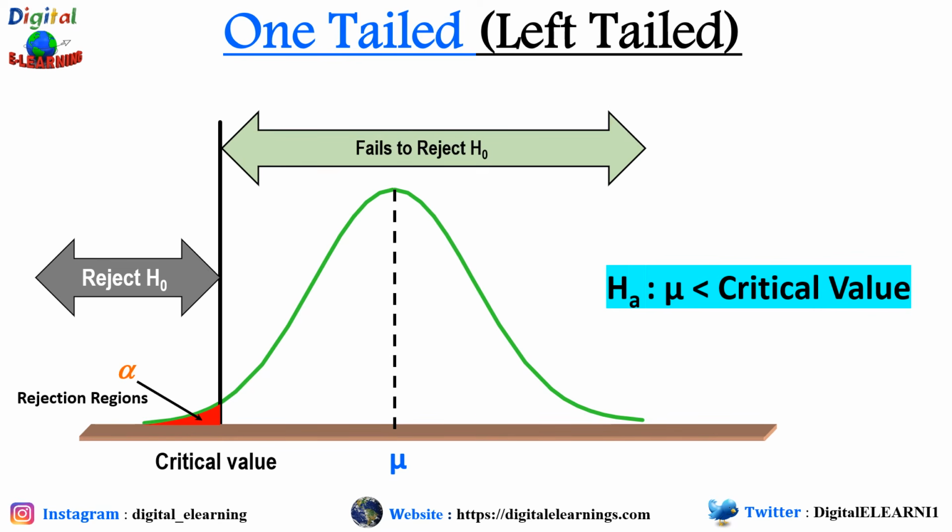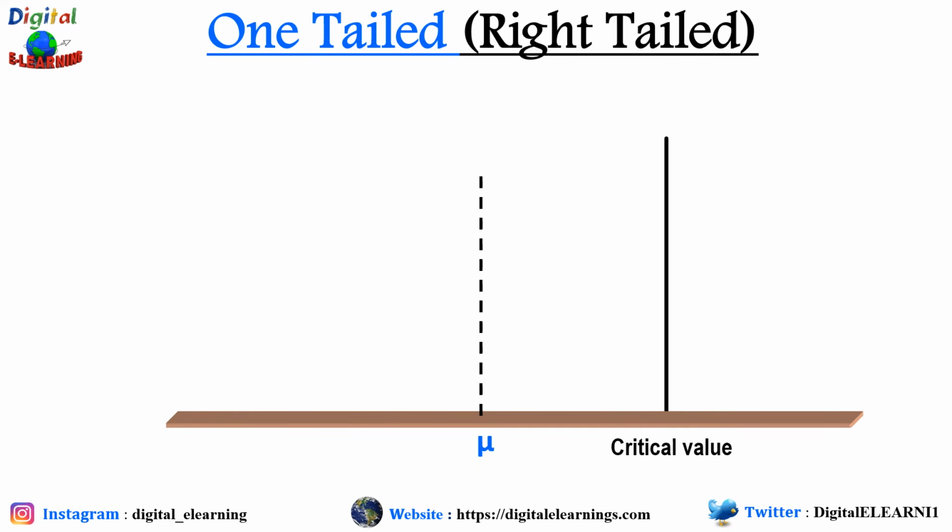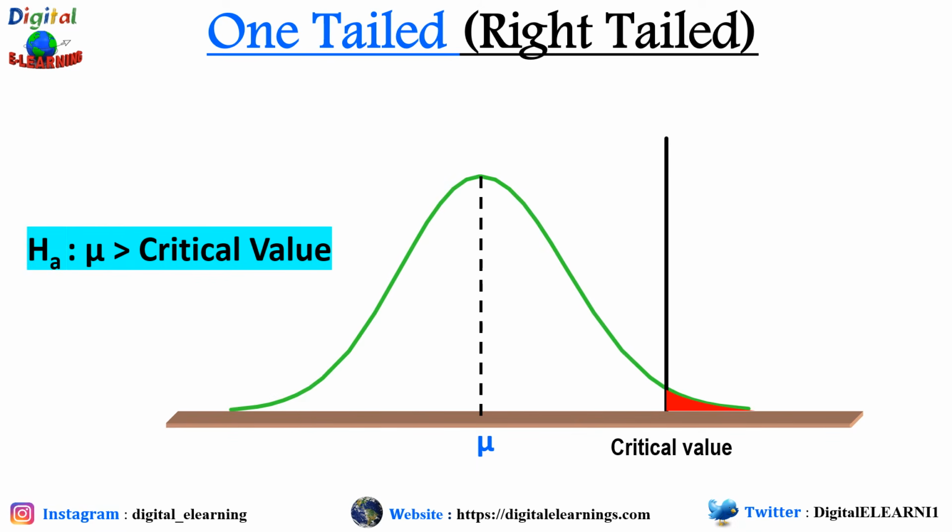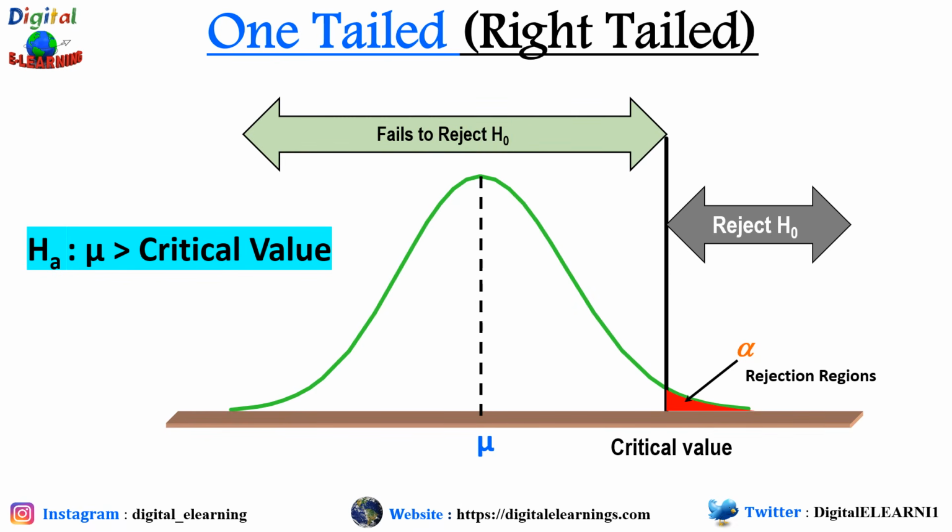And if it falls in this region, we will fail to reject the null hypothesis. Similarly, in a right-tail test, if the rejection region is on the right side, we call it a right-tail test. If anything falls in this region, we will reject the null hypothesis, and if it falls in this region, we will fail to reject the null hypothesis.